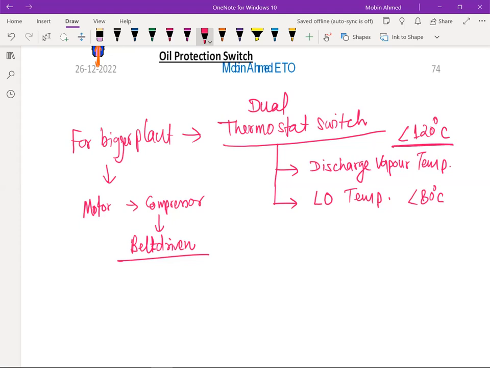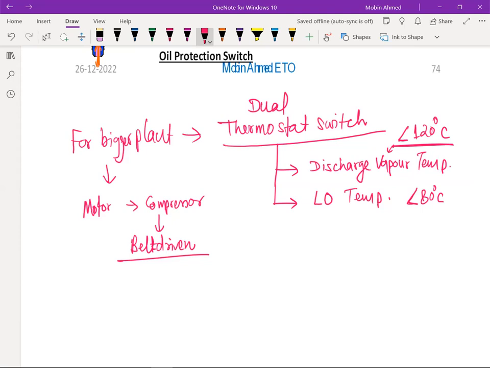So this is the general setting for the discharge vapor temperature, and for the lube oil it is more than 80, because it is going to lose its properties over 80 degrees centigrade. So this is how the dual thermostat switch is going to protect the compressor.